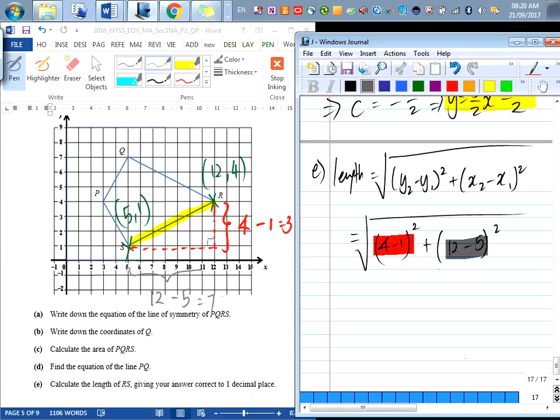So if I were to use Pythagoras to solve it, I will take 3 square plus 7 square, right? 3 square plus 7 square equals to the yellow color side square, and I'll take square root.